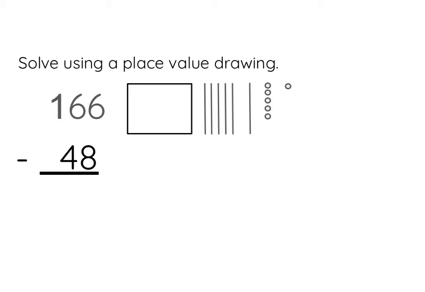Remember, pause and build it and then work with me. So 166. I look at my problem and I notice that 48 is less than 66. So again, I'm just going to work over here with our tens and ones. 48's next 10 is 50. So I'm going to subtract the group of 50.